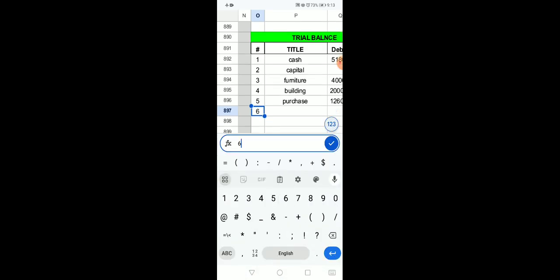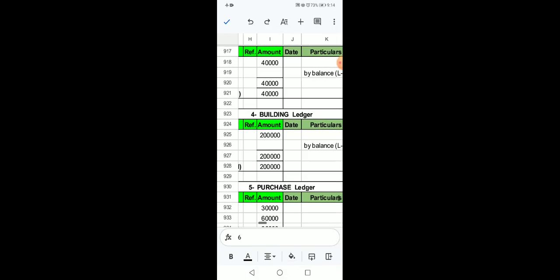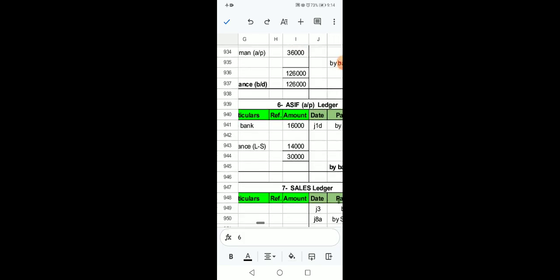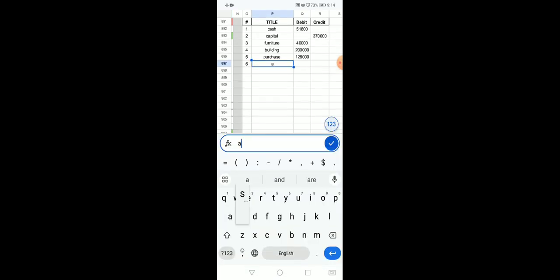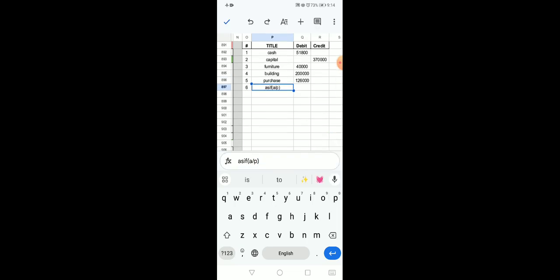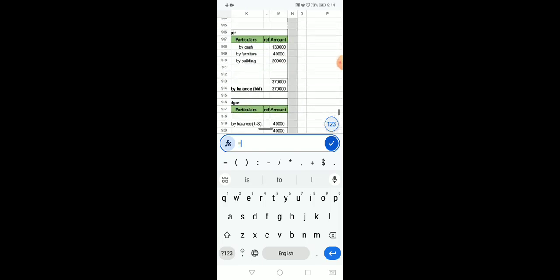Now we will see what the sixth ledger is saying to us. This is your sixth ledger, Asif, account payable. So you will write the title first, Asif, who was your account payable. Now you will see what the balance for Asif is, and the ledger number is 6.